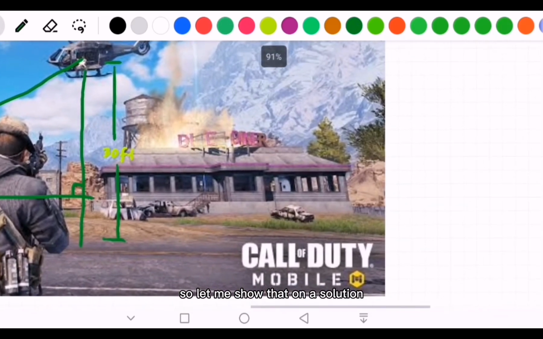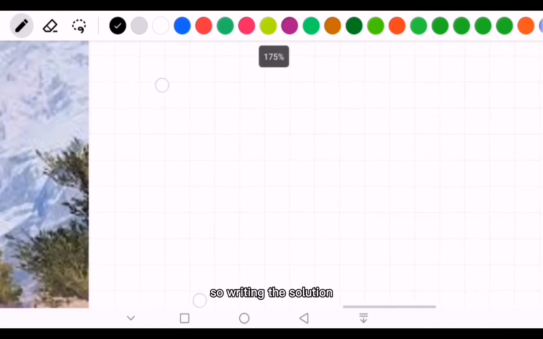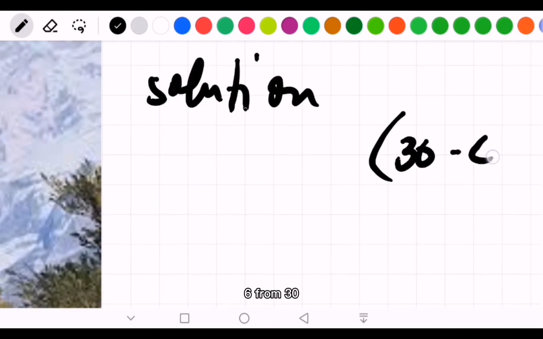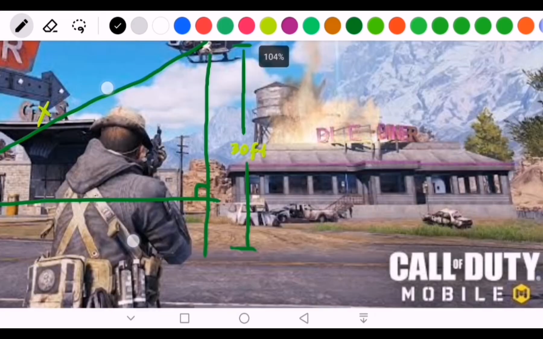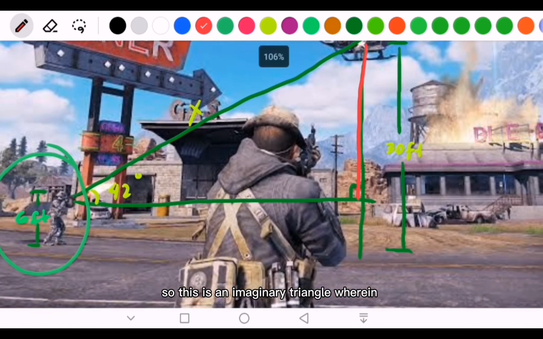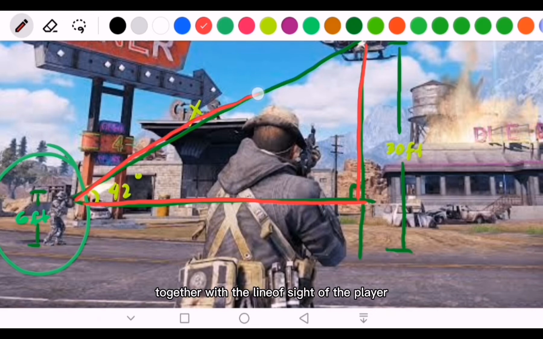So let me show that on a solution. Writing the solution, first we need to deduct 6 from 30 so that we could identify this height in which the height of the player is not included. So this is an imaginary triangle wherein we're trying to consider the horizontal line together with the line of sight of the player.